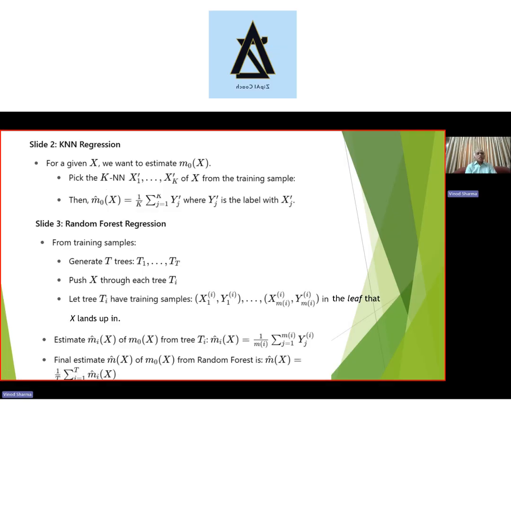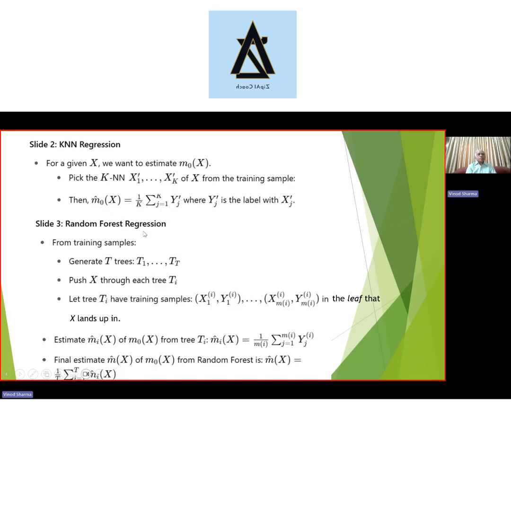Let's call these k nearest neighbors x1 prime to xk prime. Then the estimate of m naught x, given by m naught hat x, is the average of the labels corresponding to x1 prime to xk prime. You add them up and multiply by 1 by k. This is the average, and this is going to be the estimate by KNN.